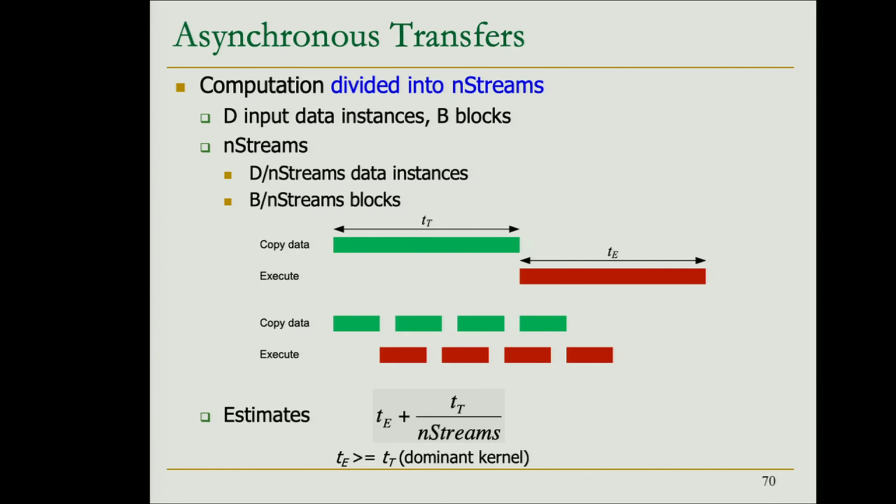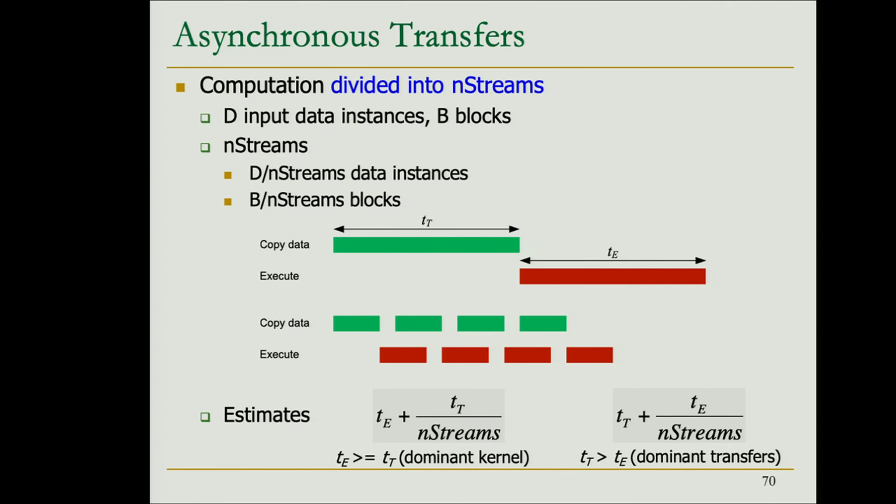For example, these are just some estimates of how much I can save. So if I have n streams and the execution time of the kernel is longer than the time for the transfer, what I would be hiding is the transfer. So the only thing that I will see here is this piece, TT over n streams, and then what I see next is this TE.